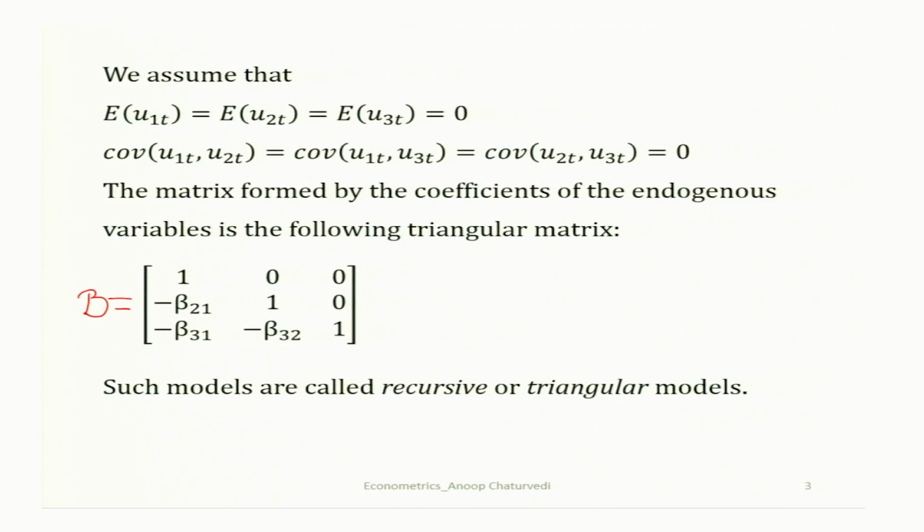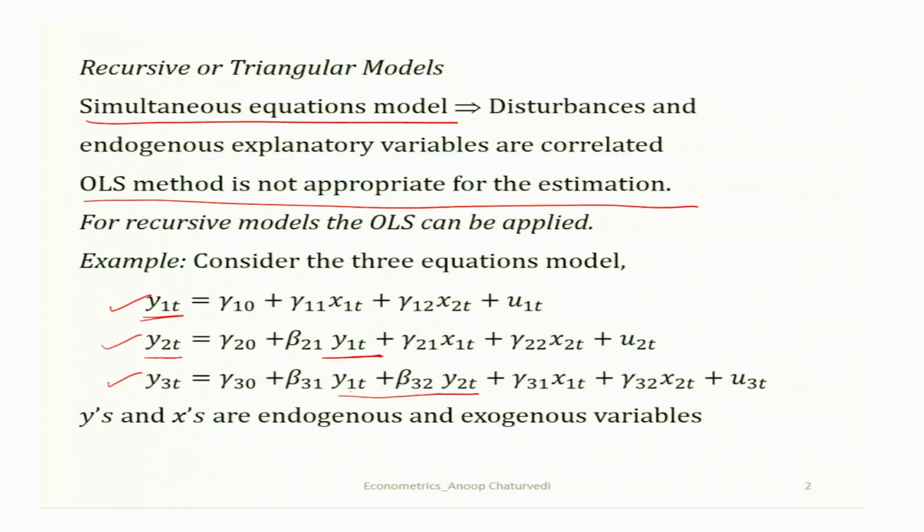So, this matrix B is a triangular matrix. All the elements of this half are 0. Such kind of models are called recursive models or triangular models. Triangular models because the matrix B is a triangular matrix, and recursive models because the endogenous variables are appearing in different equations recursively.